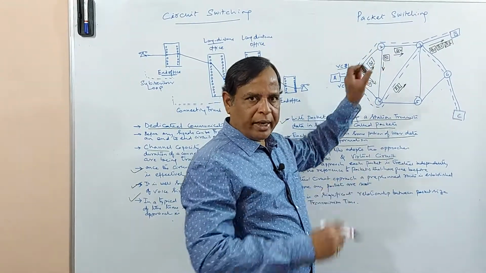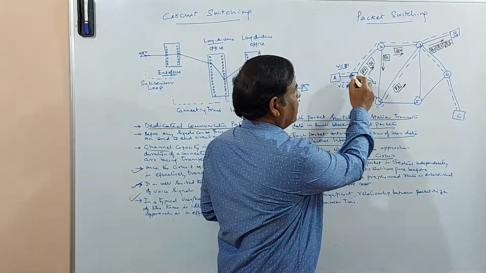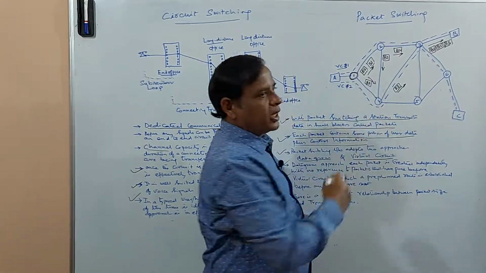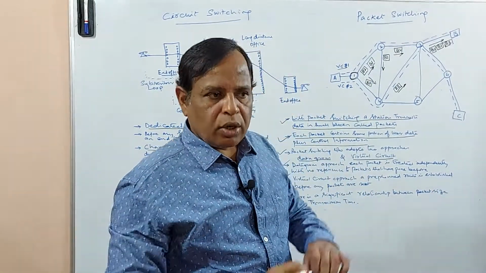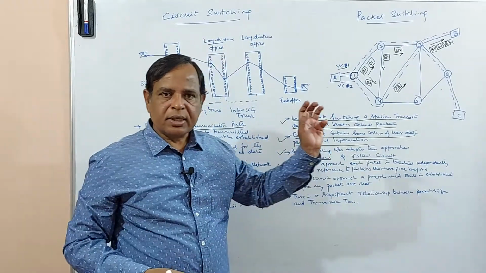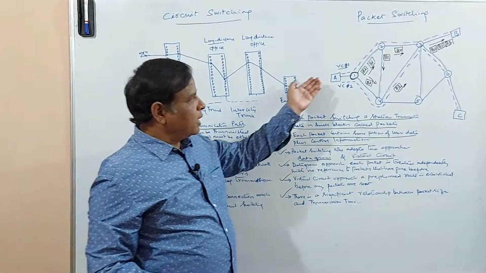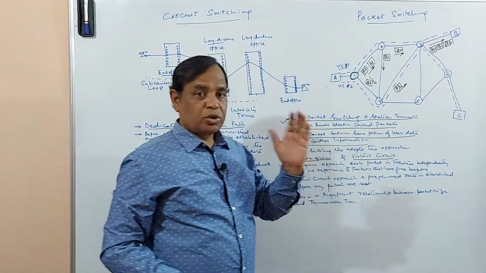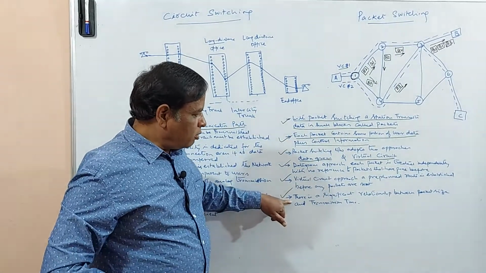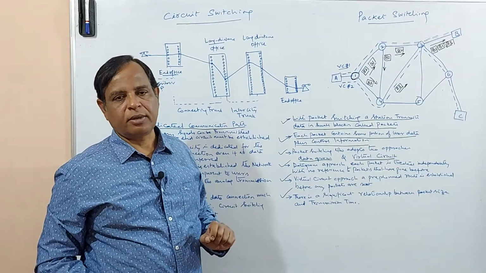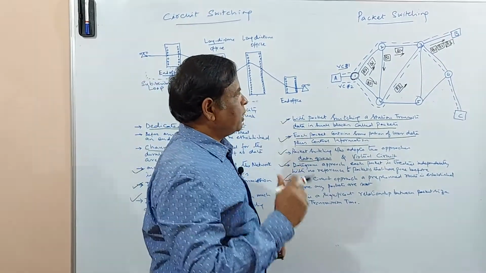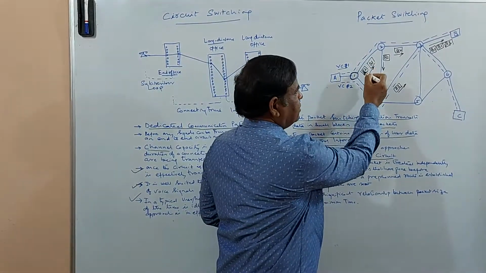It takes some time, and similarly there is a processing delay in each node, isn't it? So these are certain delays which take place in this particular process. Now, what is the importance of this relation between the packet size and the transmission time? Take this example.